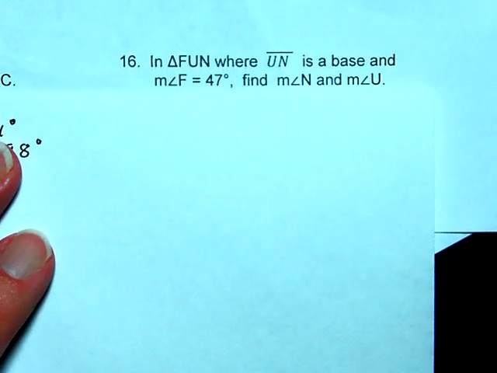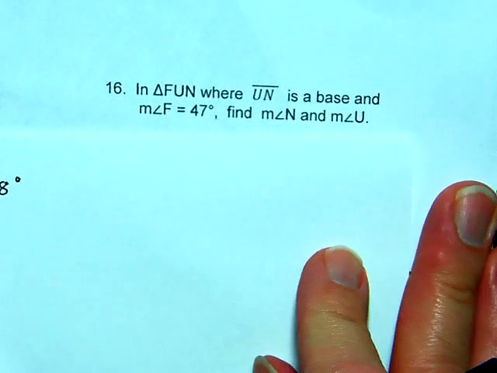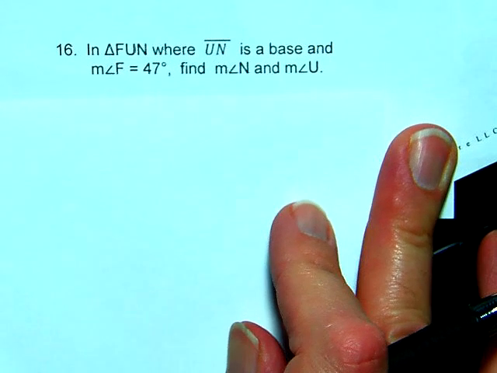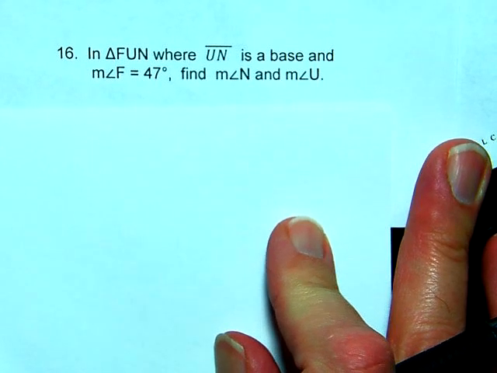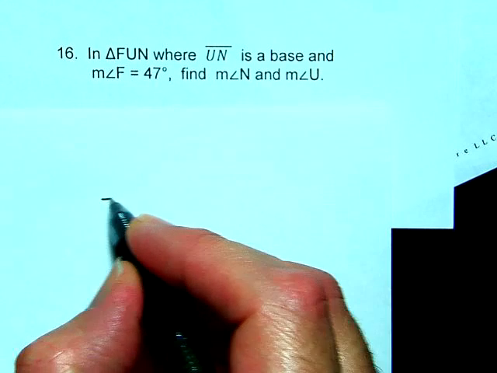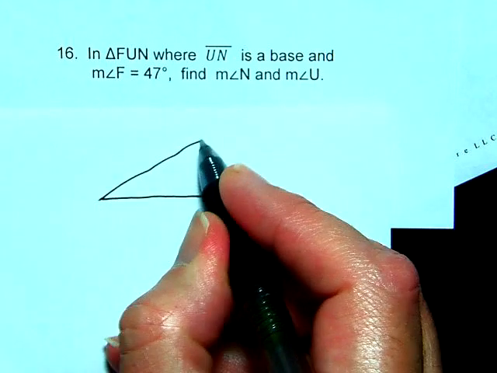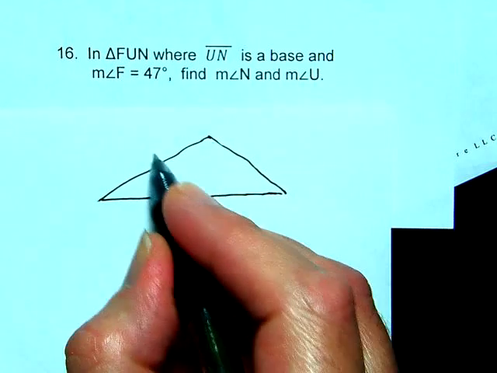Okay. So, finally, problem 15. We're given triangle FUN, where UN is a base. So we're told that UN is the base. Well, the base is not one of the legs. The base is opposite the vertex. So the way we've been drawing them, the base is the non-equal side.